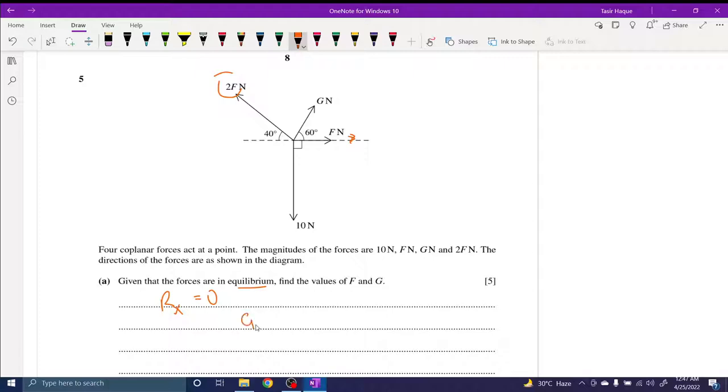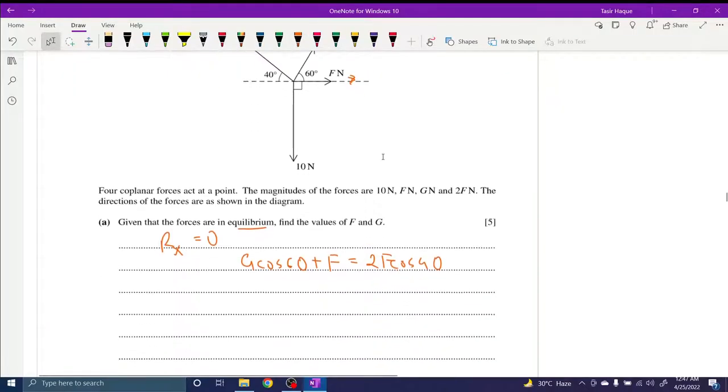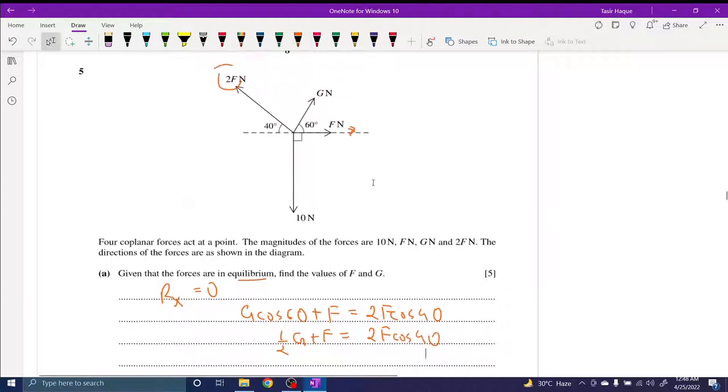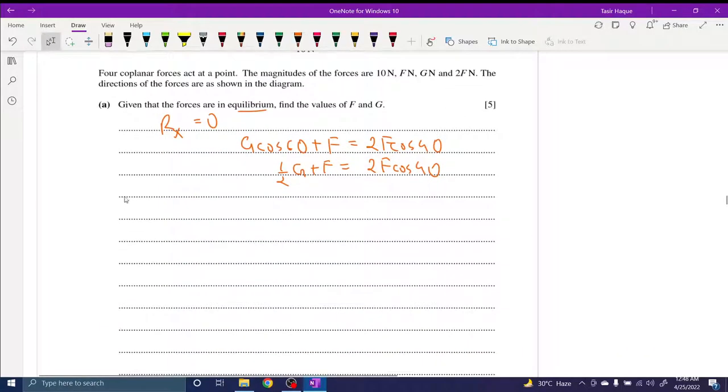We can write this: G cos 60 plus F is equal to twice F cos 40. See if that makes sense. That was for the horizontal direction. We can simplify this further. Half G plus F is equal to 2F cos 40. Okay, let's just keep it that way. Now, what about the vertical direction?